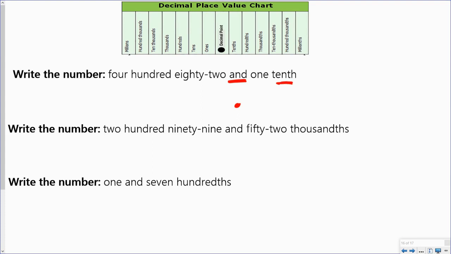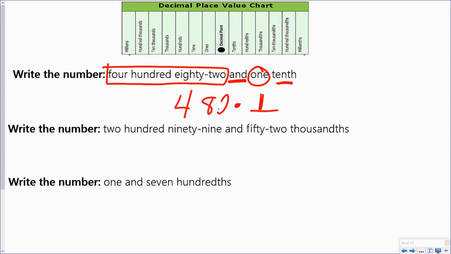Well, I know that the tenth is one number after or to the right of my decimal. And I only have one of those. So I'm going to put my one here. On the left side, I have 482. So I would write 482. So my number here would be 482 and 1/10.